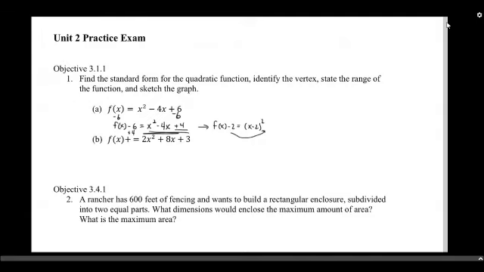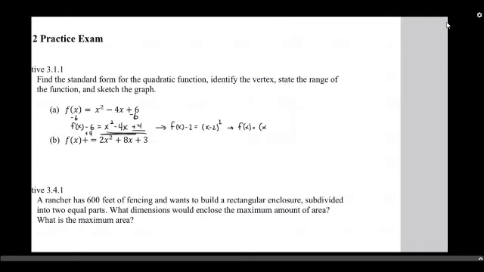So you're going to finally have f of x equals x minus 2 squared plus 2. Now that it's in standard or vertex form, we know that this transformation moved the vertex 2 to the right, and this plus 2 moved the vertex 2 up. So the vertex is the point 2, 2.